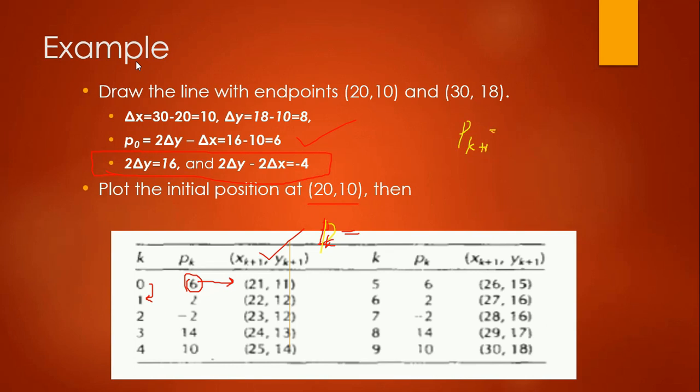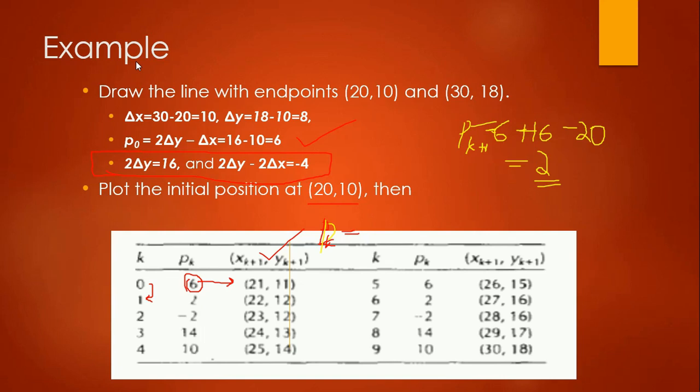That is equal to the Pk value, which is 6, so 6 plus 2 into delta y. 2 into 8 is 16. Then 16 minus 2 into delta x, that is 2 into 10, which is 20. So what you get here is the value 2.